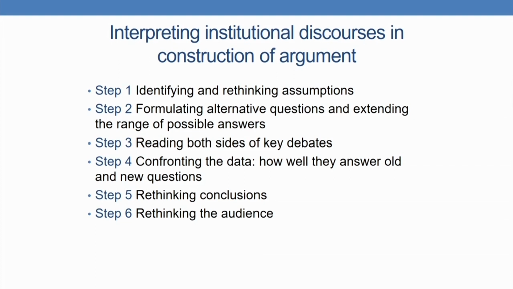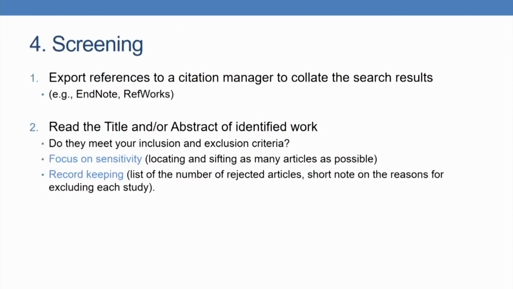We can formulate alternative questions and extend the range of possible answers. We read both sides of the key debates. We confront the data, how well they answer old and new questions, and then we can rethink conclusions and rethink the audience. So, this can be a part of the identification of research materials.